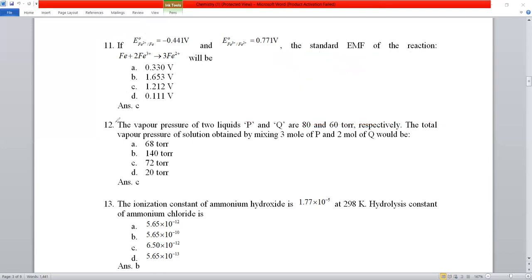Next, question number 12. The vapor pressures of two liquids P and Q are given: P is 80 torr and Q is 60 torr.